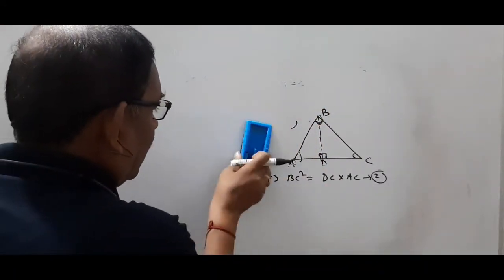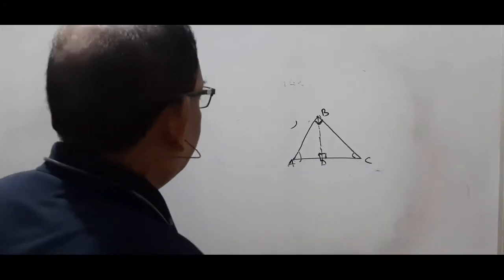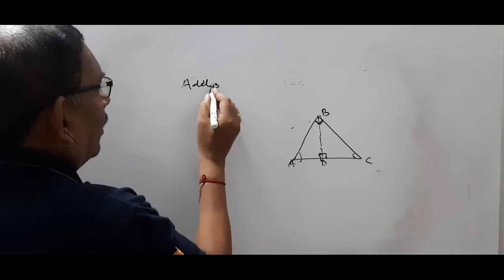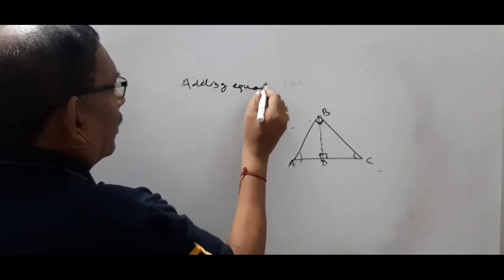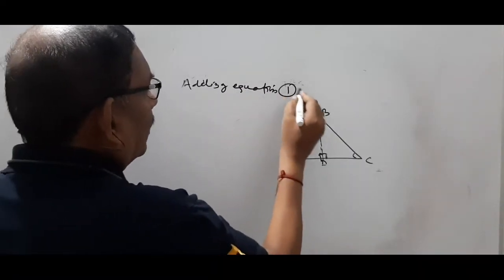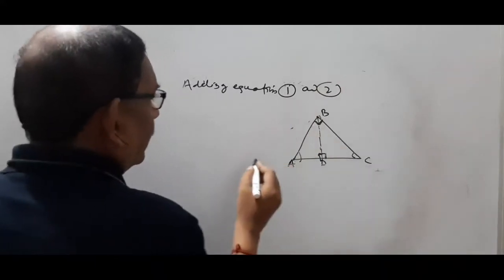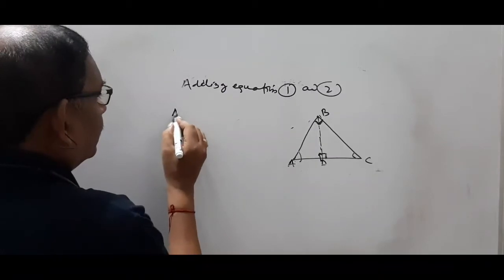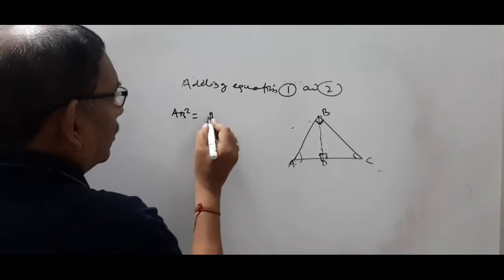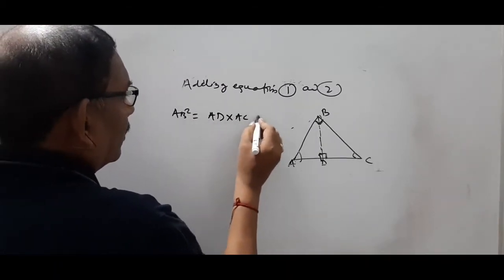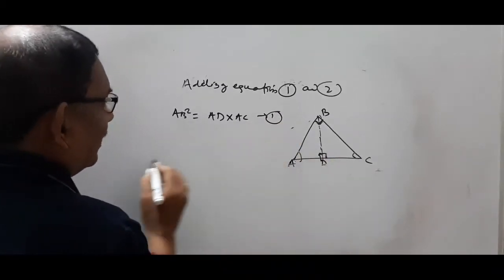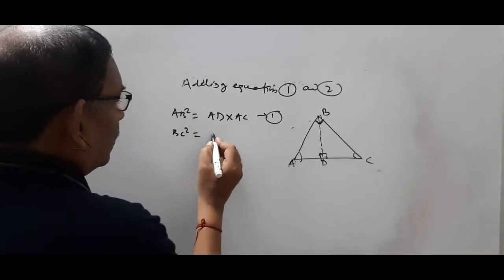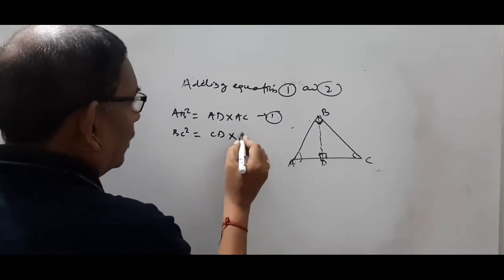Now adding equations 1 and 2. The first equation is here: AB square is equal to AD into AC. And the second equation is here: BC square is equal to CD into AC.